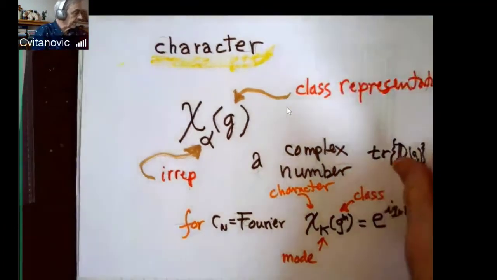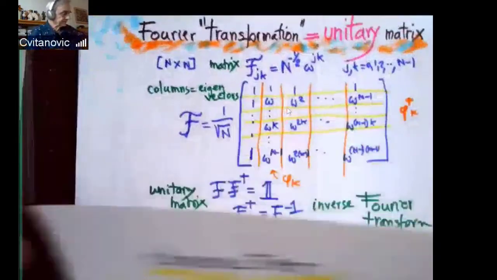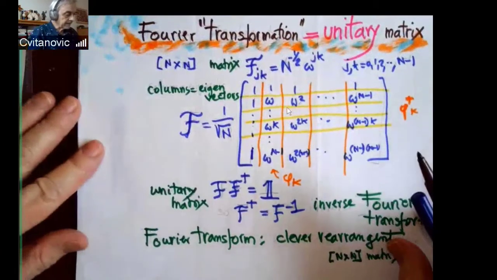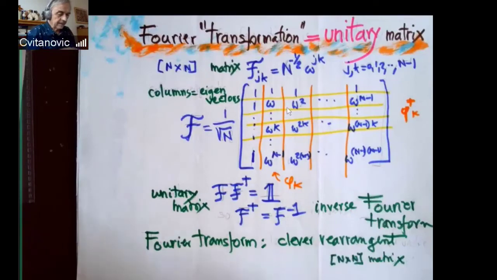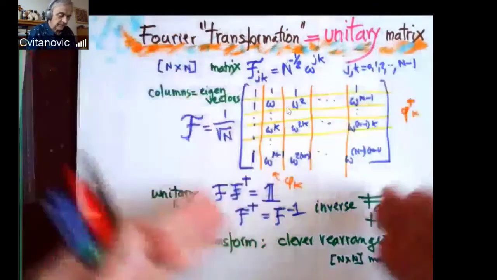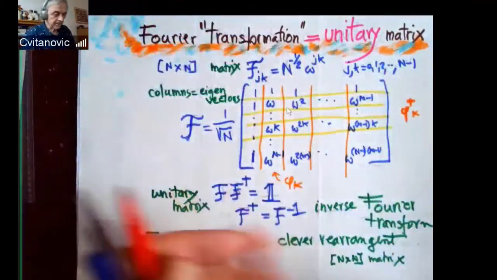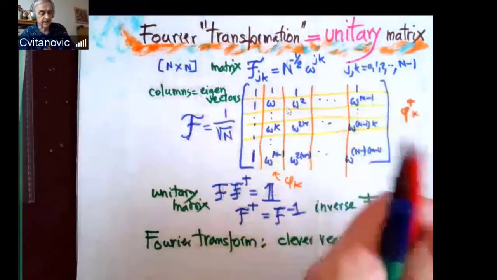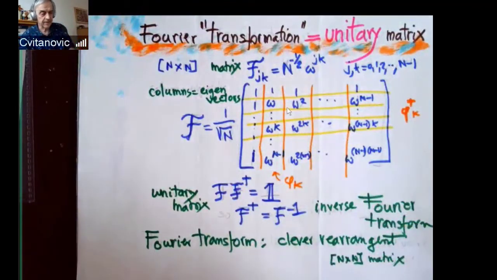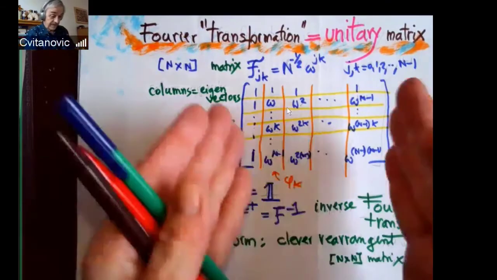So now what are these characters again? I mean, we can define them, but remember what we discovered about Fourier transformations, that when we looked at what they really do, we could write them as one unitary matrix that took our states on the chain, on our physical chain, and changed the coordinates in the orthogonal system by just matrix multiplication.